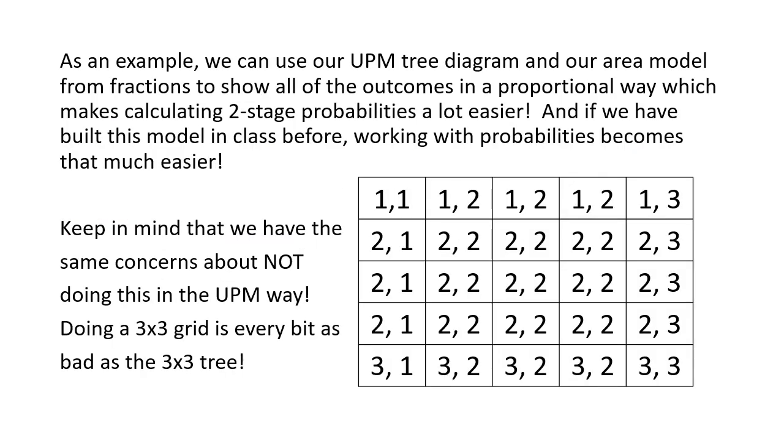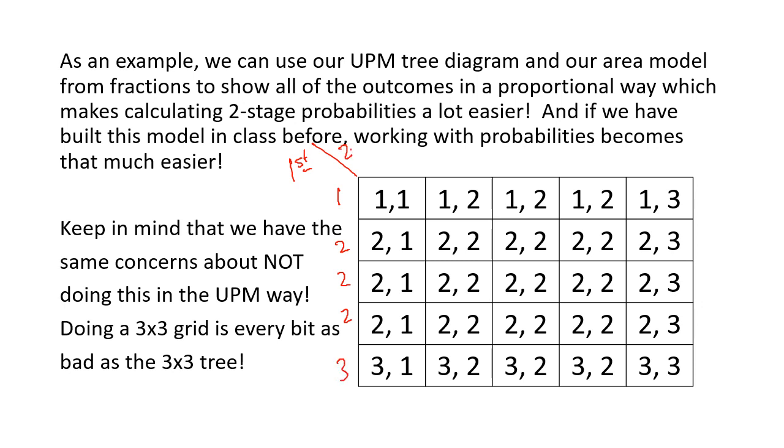So, for example, one of the models that we use to show fraction multiplication is this area model, this grid model that we have here. You can see that along the side are the outcomes for the first spin. I'm going to write first spin here, and so we get a 1, a 2, a 2, a 2, and a 3.